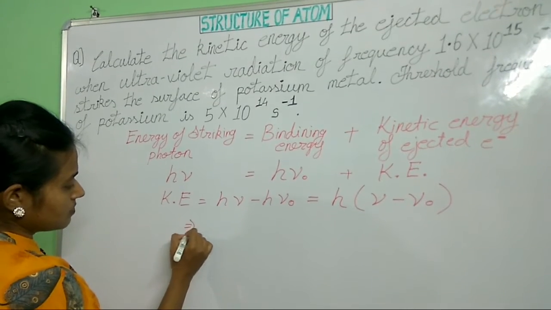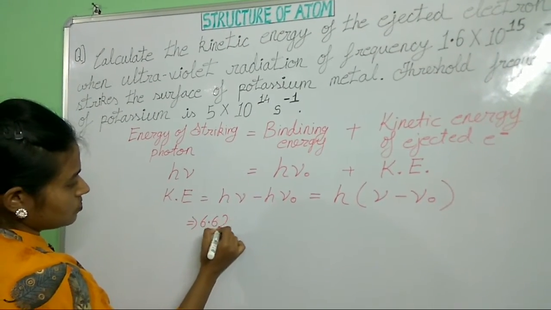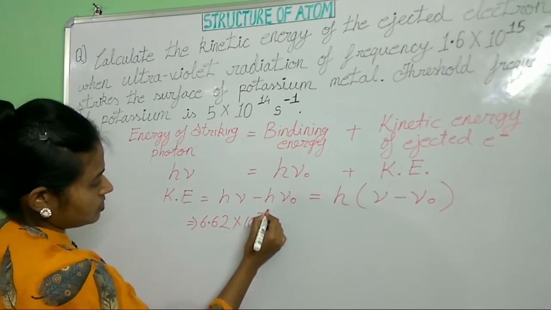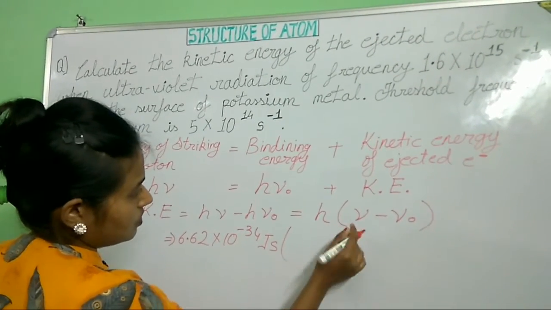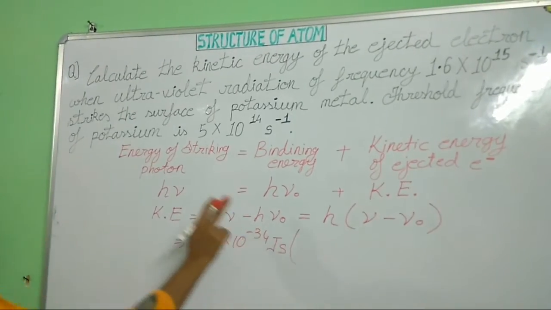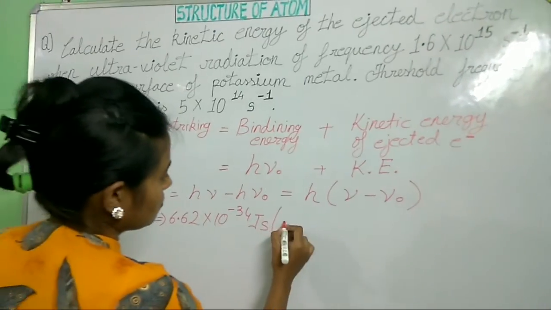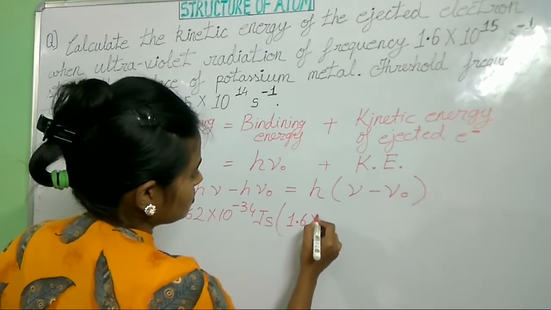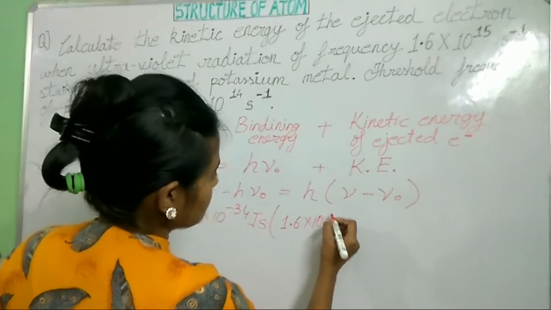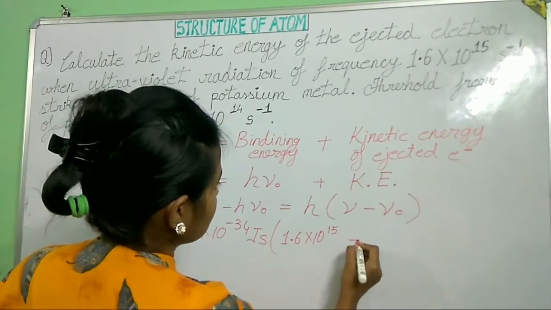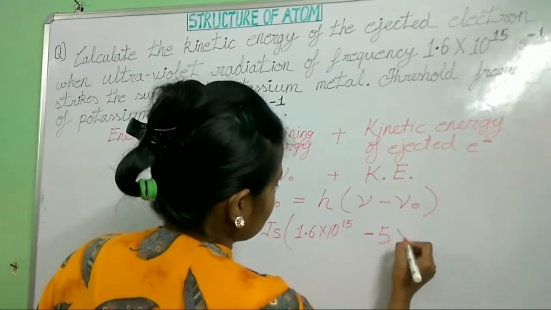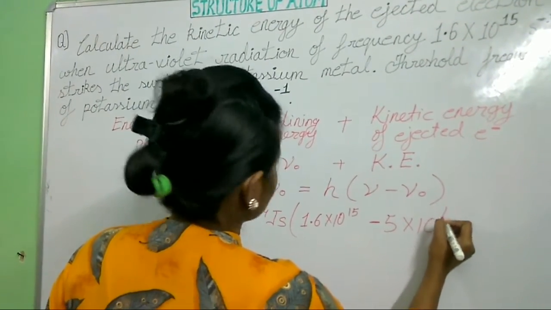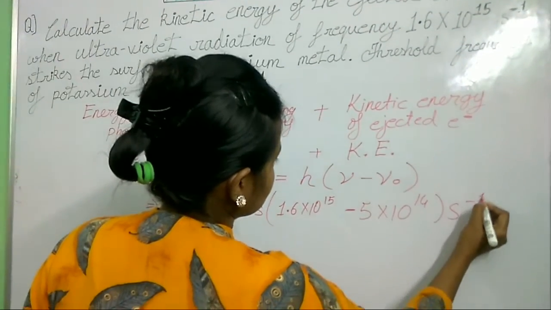What is Planck constant value? 6.62 into 10 to the power minus 34 joule second, right? And what is the frequency given? Frequency is given 1.6 into 10 to the power 15. And what is threshold frequency given? 5 into 10 to the power 14 second minus 1, right?